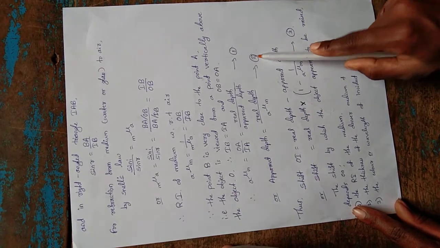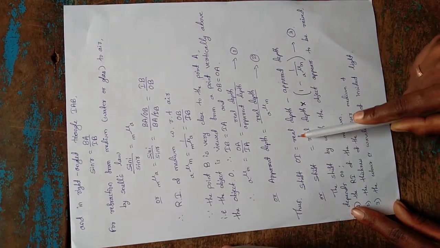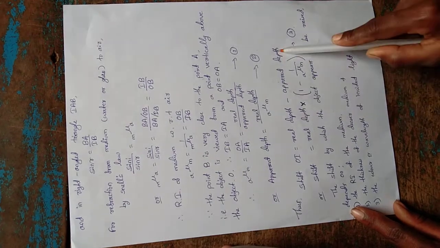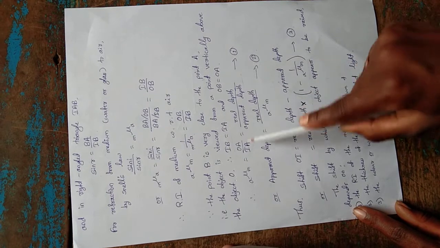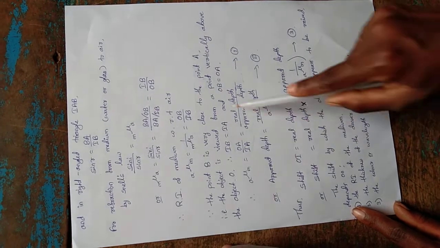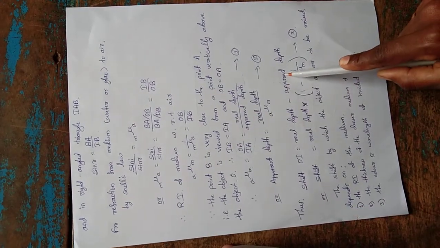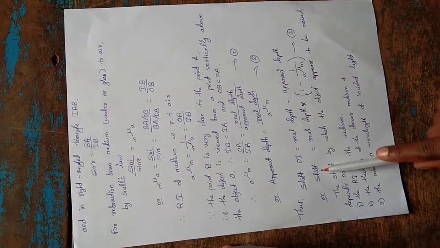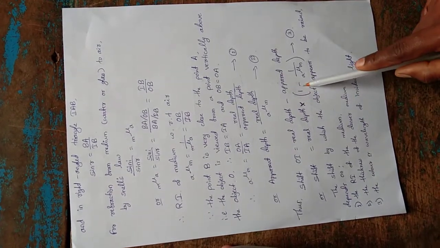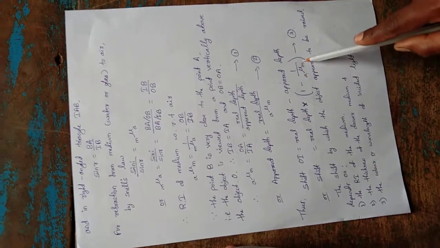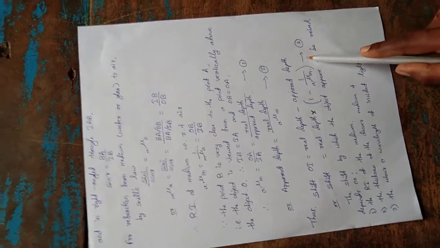That is equation number 2. Thus, shift OA is equal to real depth minus apparent depth. Using this equation, shift is equal to real depth into 1 minus 1 upon mu AM. Equation number 3.